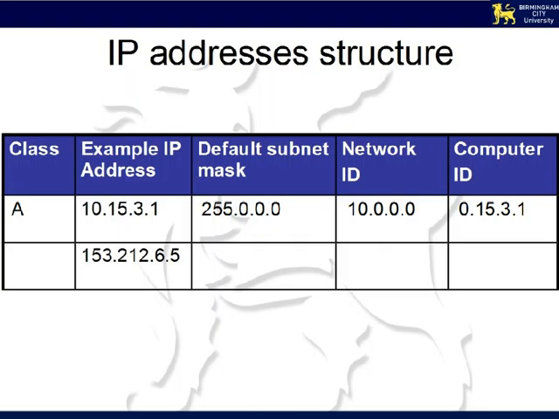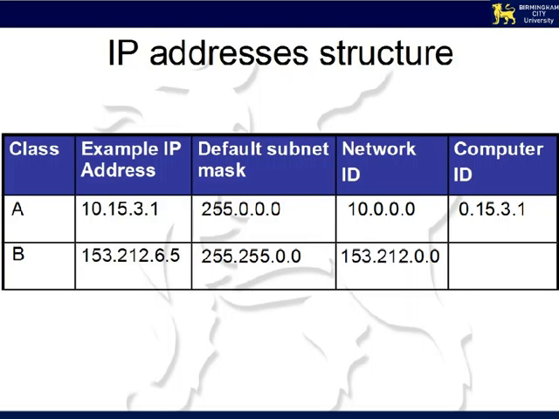So here, 0.15.3.1. We can see that this corresponds to the zeros in the subnet mask. In the next example, 153.212.6.5, 153 is between 128 and 191, so making this a class B address. That means we have a subnet mask of 255.255.0.0 by default.